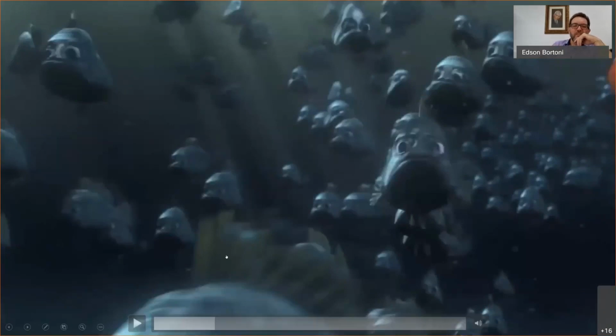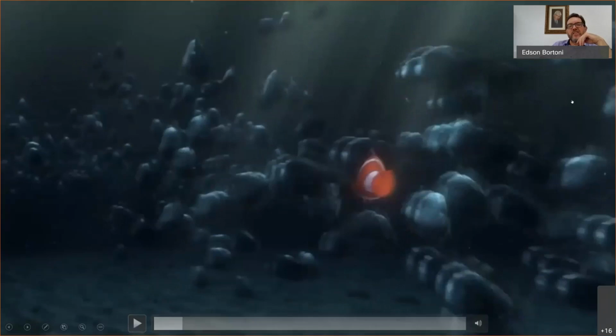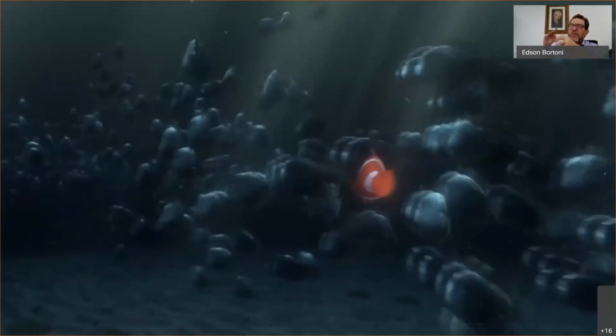This is Finding Nemo. It is very interesting that the fishes are swimming in the ocean currents.